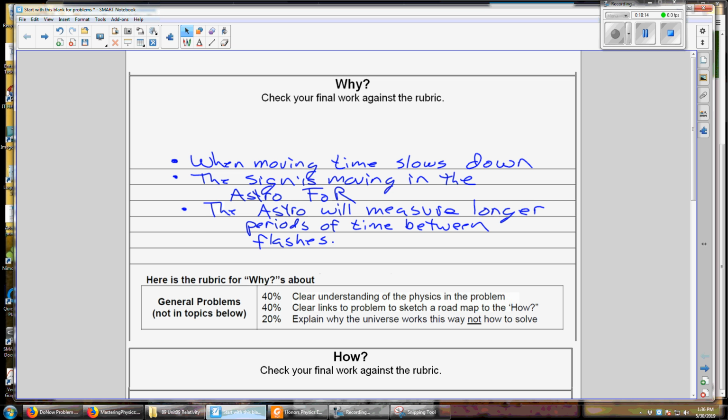No, not in the astronaut frame of reference. The sign is moving towards them. So the sign is moving, so he's going to see less time pass there. With what? With longer? Okay. Let's see if we get it. If not, we can always go back, right?